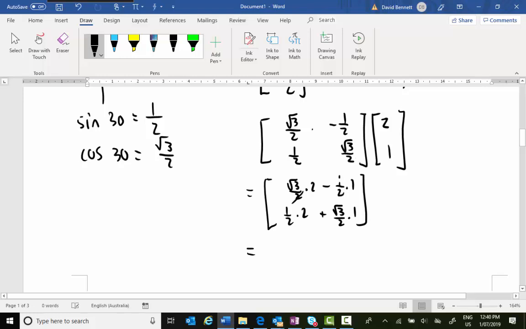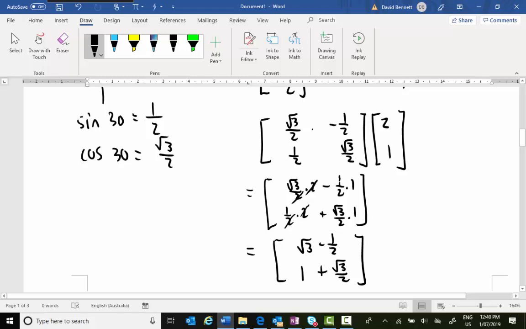Now the top line, I'm going to cancel the 2's there, so that's going to be √3, and then √3 take 1/2. The bottom line is 1/2 times 2, which is 1, so 1 plus √3 on 2. Now you could go to your calculator and work that out in decimals if you wanted to, but that's probably an exact answer anyway, the way I presented that.